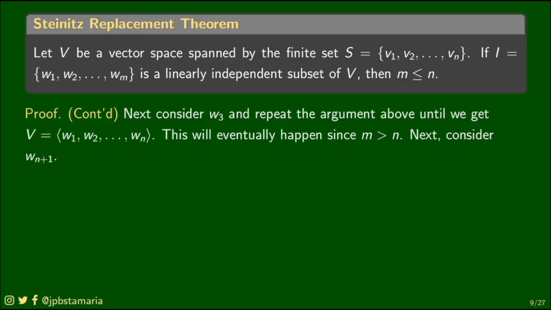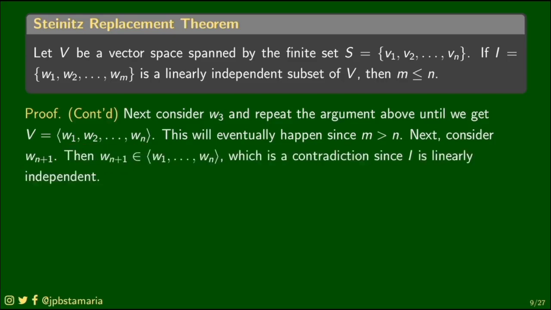And because this is just a vector from V, W sub n plus 1 will be in the span of W1 up to Wn. And that will mean that this set will be linearly dependent. Of course, that is the needed contradiction. Therefore, M must be less than or equal to N.